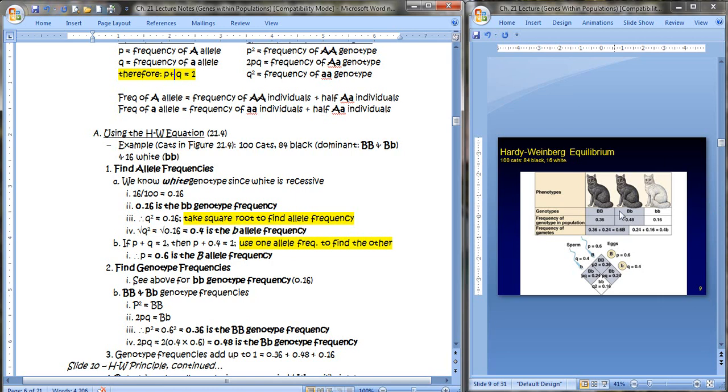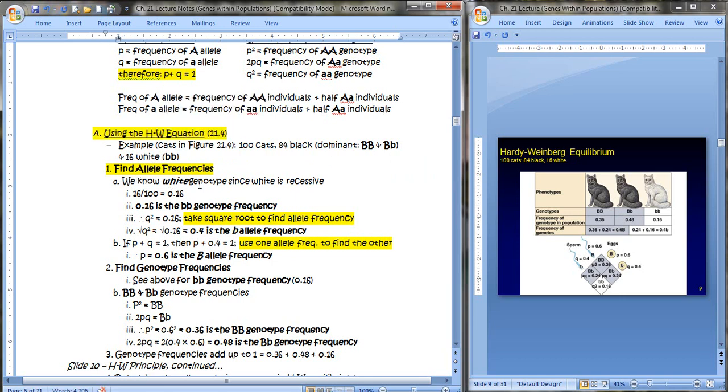So our cats that have the black phenotype would either have homozygous dominant genotype or heterozygous genotype, and of course the white would be homozygous recessive. The first step that you want to do to use your Hardy-Weinberg equilibrium equation is to find your allele frequency.